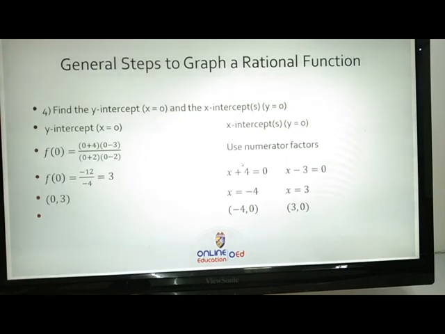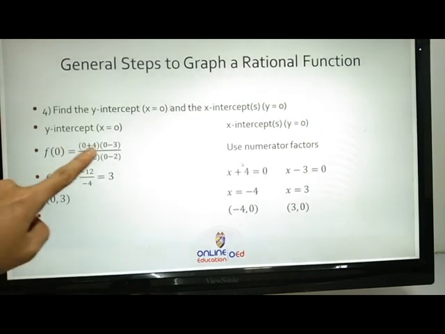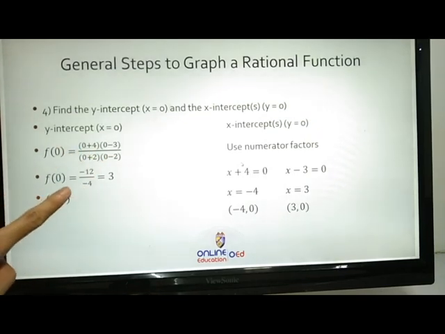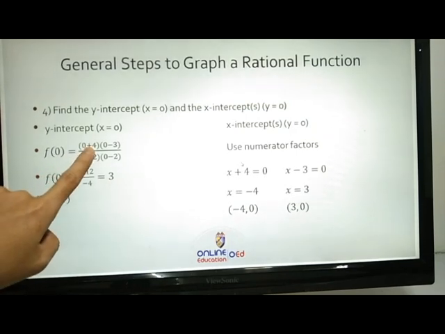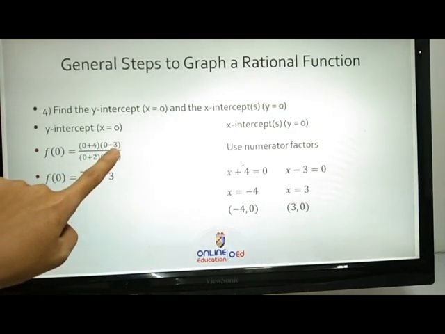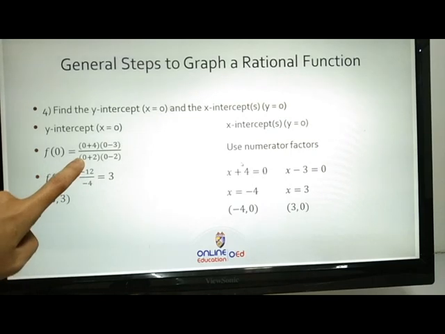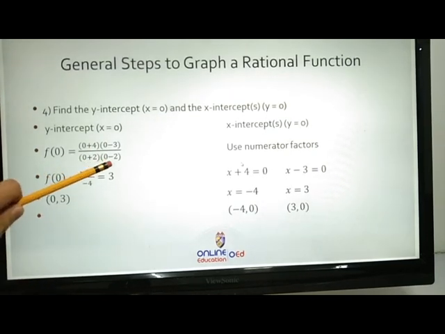Okay. Step number 4, find the y-intercept where x is equal to 0 and the x-intercepts when y is equal to 0. Okay, so for the y-intercept, x is 0. So whenever x is 0, this is the value of y: 0 plus 4 times the quantity 0 minus 3 over 0 plus 2 times the quantity 0 minus 2.